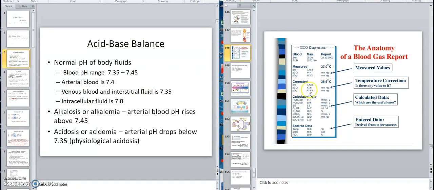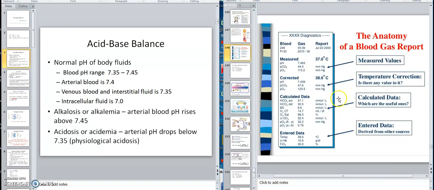If you look over here, you can kind of see this person, this Jane Doe, is pretty much in normal range or close to it with the pH. In this particular one, just a little bit outside. What's that? 7.46. Okay. But normal is this.